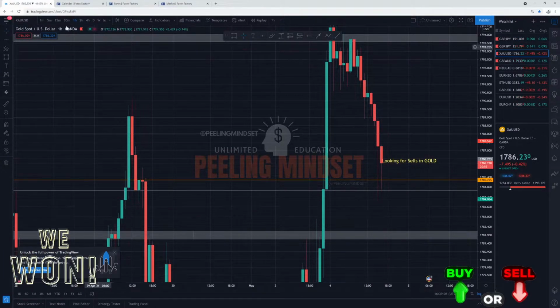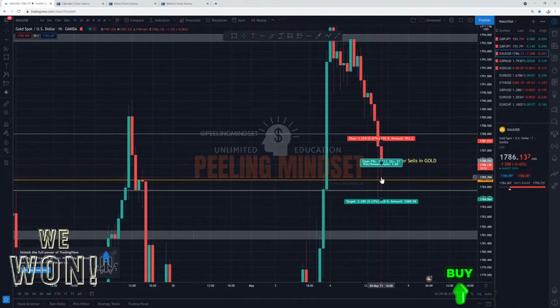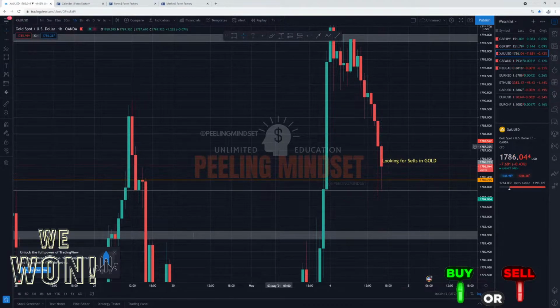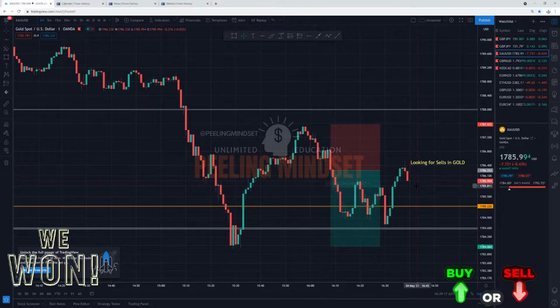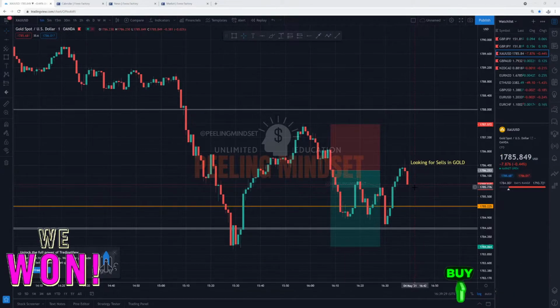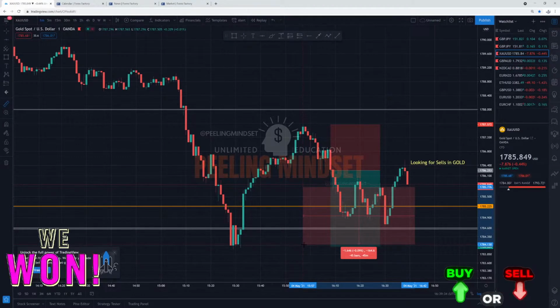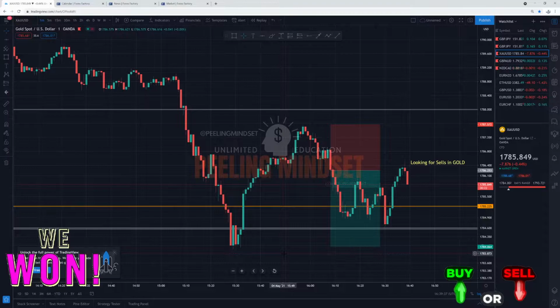We just have to wait and see if this 2 hour close, 1 hour close is a healthy retracement or not. Yep, it's going to fall down. 100%.